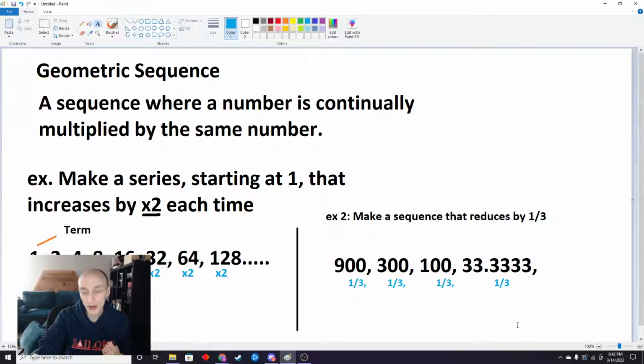And if you're not sure, always start by looking at the first two numbers in a series and try to figure out how much smaller is this than this, or how much bigger is this 2 than this 1? Because it's going to be the same each time, so if you can figure out the difference between one jump, then you know that's going to be the same with every jump after that.